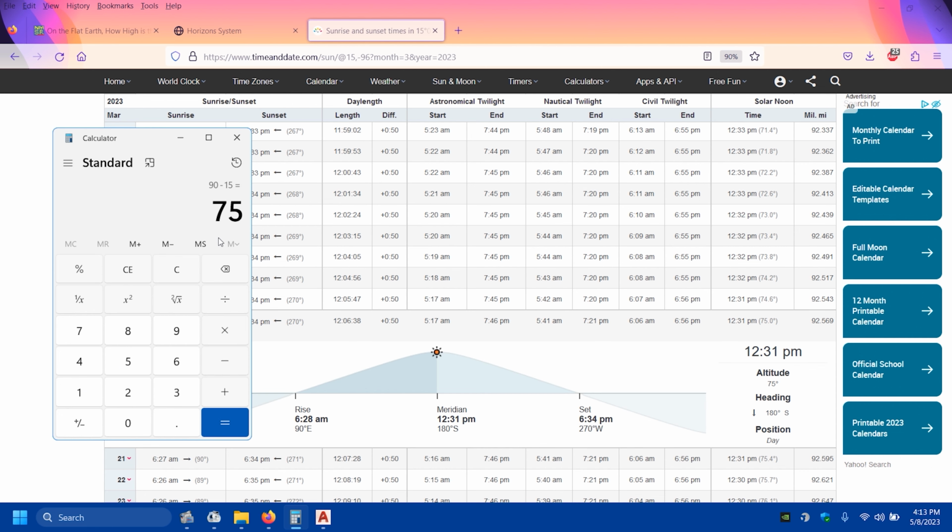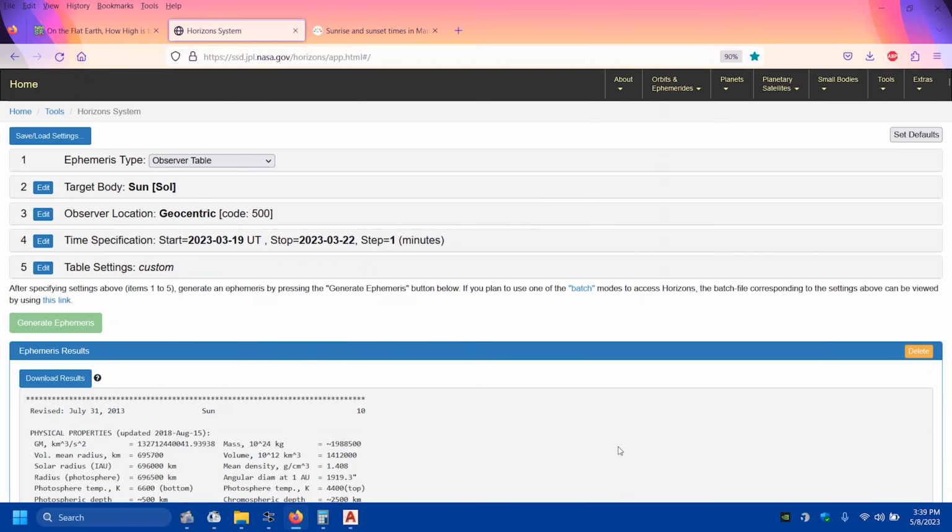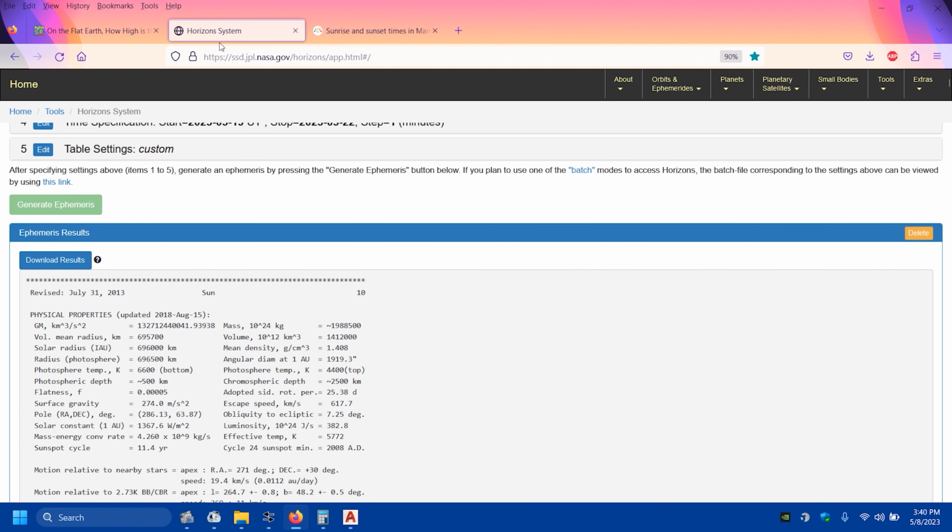Alright, so this is part 3, drawing the equinox in Civil 3D. First off, I need to find the distance from this NASA website. That's what I use.